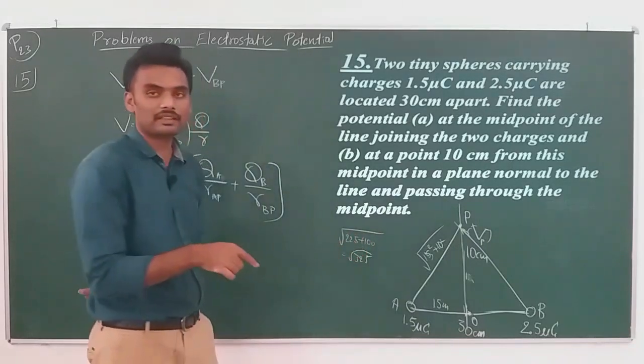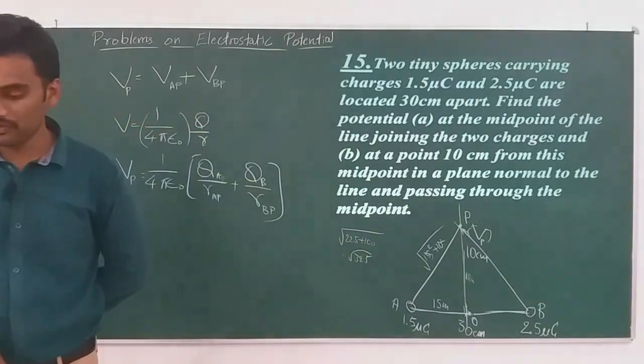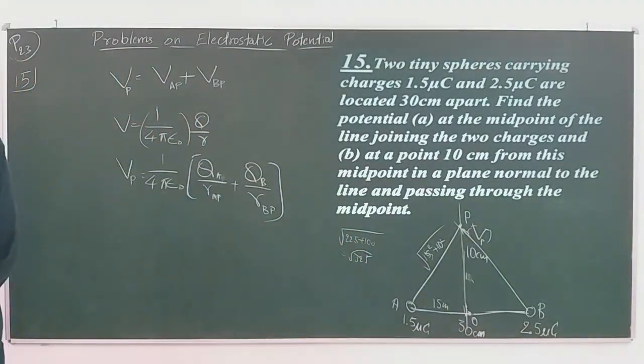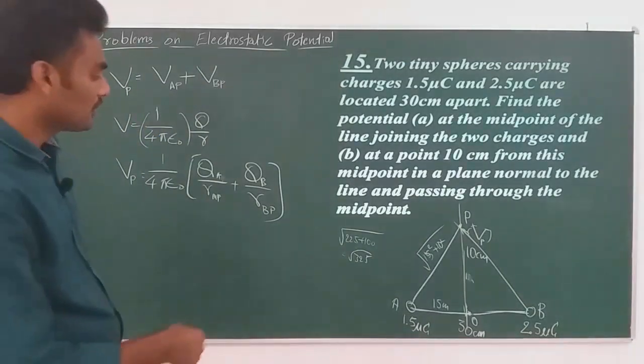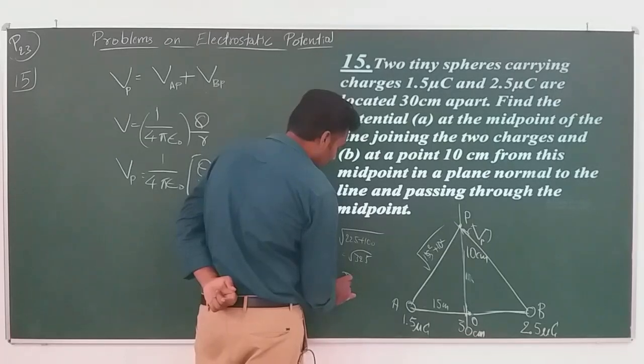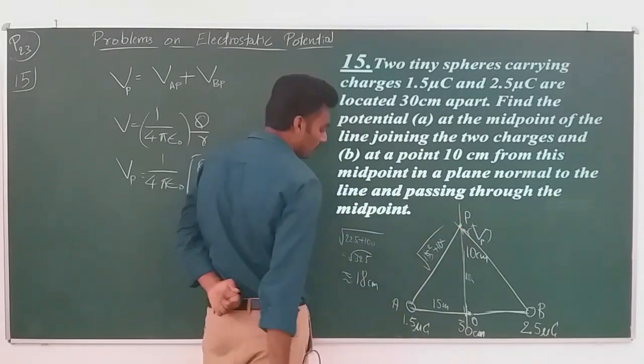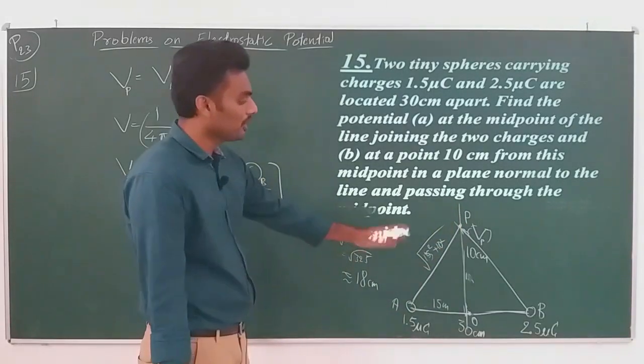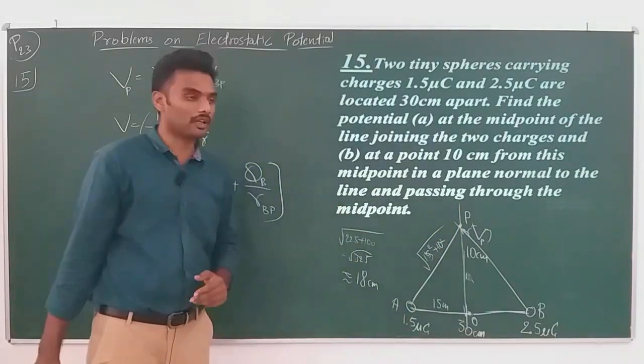Simplify this and get the answer. After simplification, you will have that nearly equal to 18 centimeter, so AP and BP both are equal to 18 centimeter now.